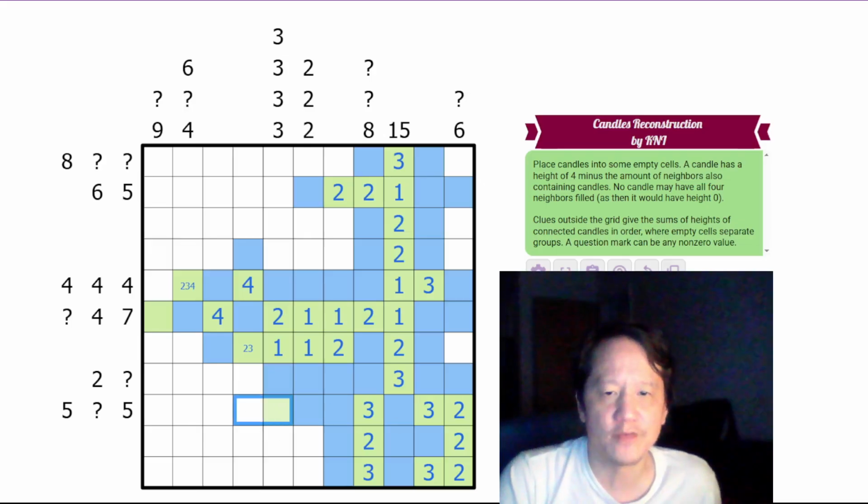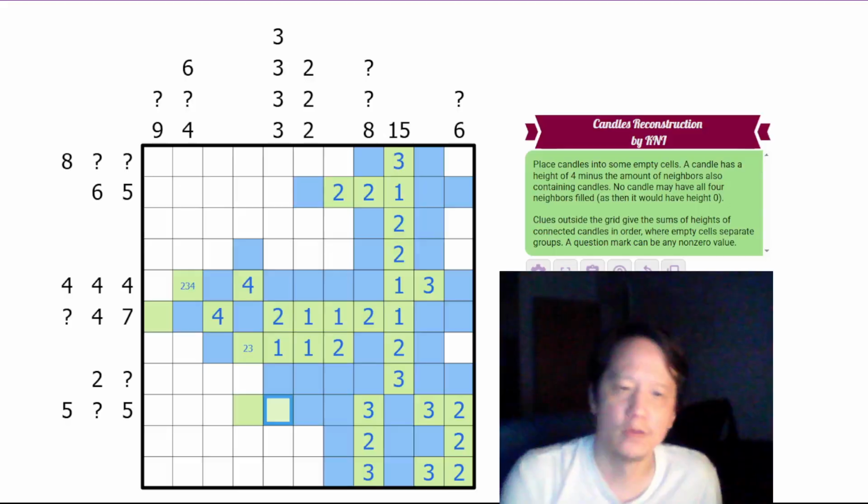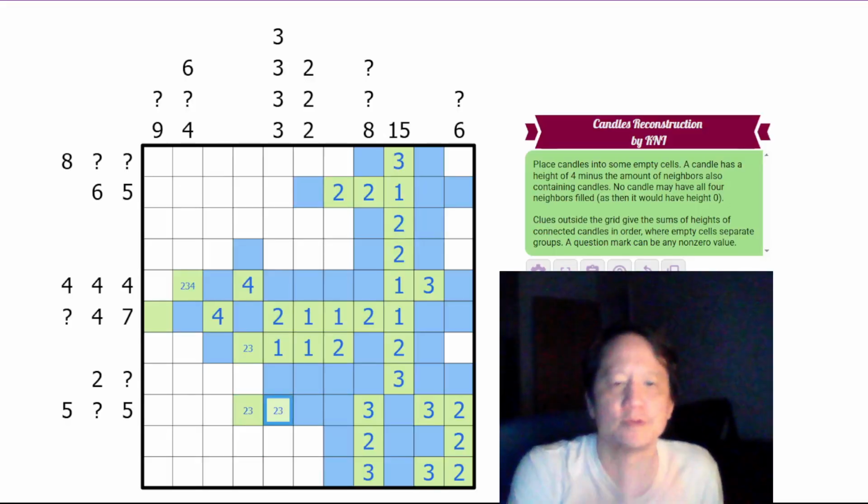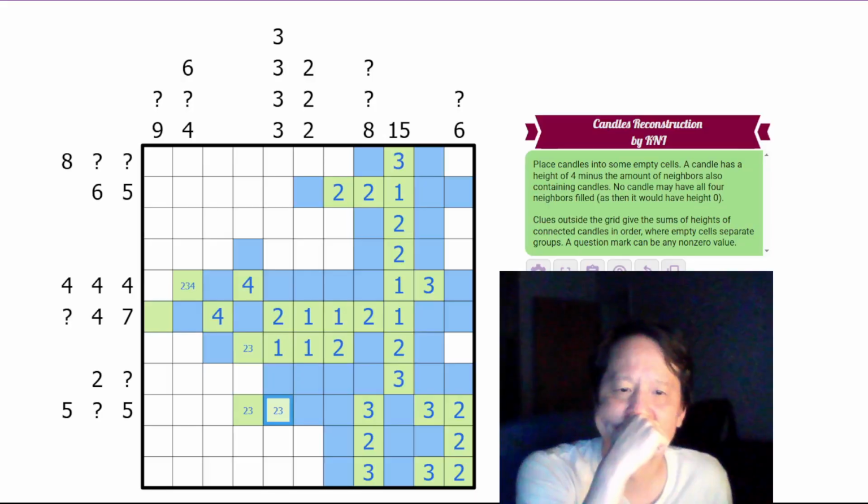But then this would have to be green here. So this would have to have... It could not be 3 anymore, because one of its neighbors... Well, it could be 3. 2 and 3, 2 and 3, if that's the case.